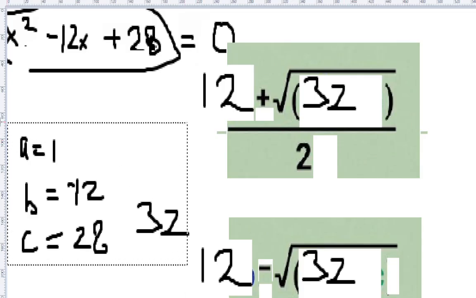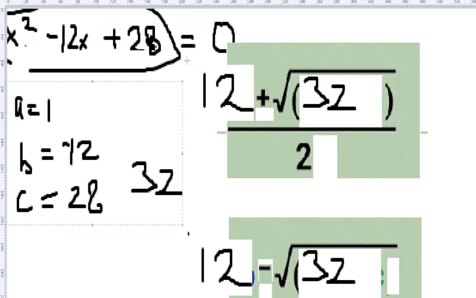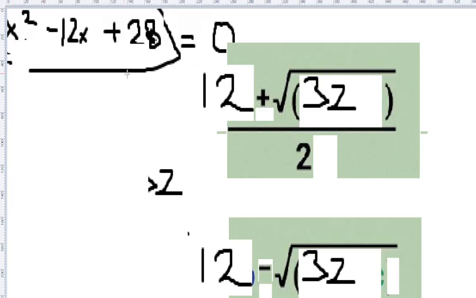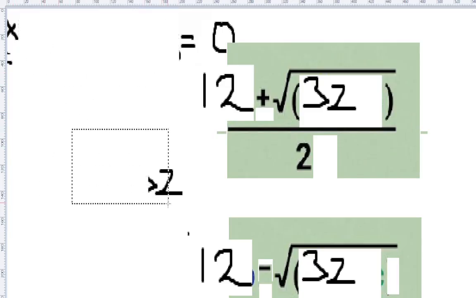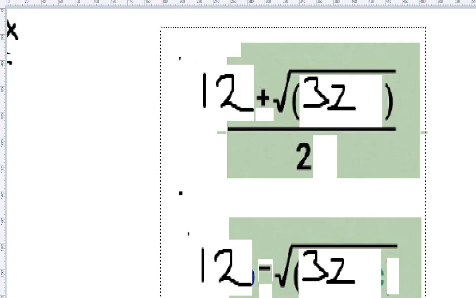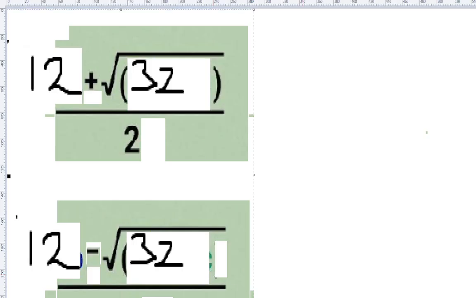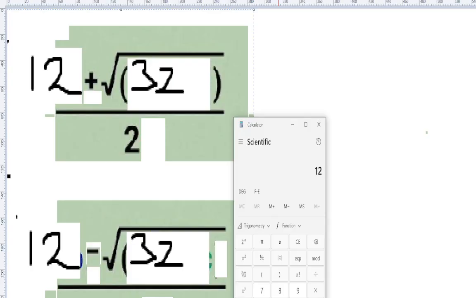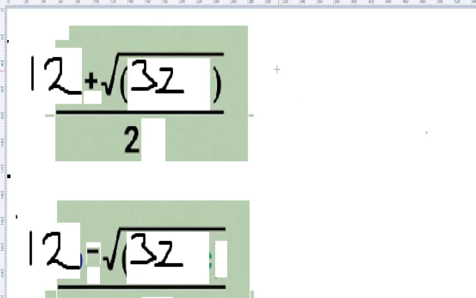Your teachers might want this. This is very accurate because if I take 12 plus the square root of 32, I get this long number, and then I divide it by 2. So one of my answers is this. This is the x-intercept.